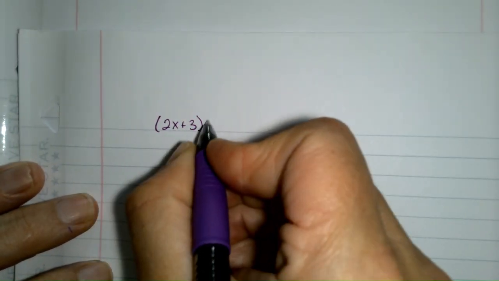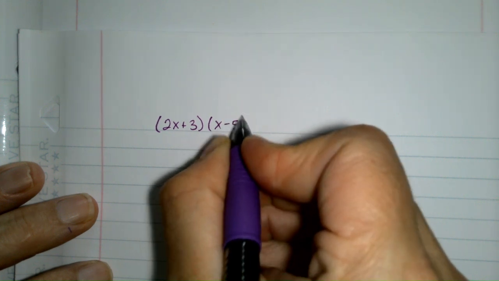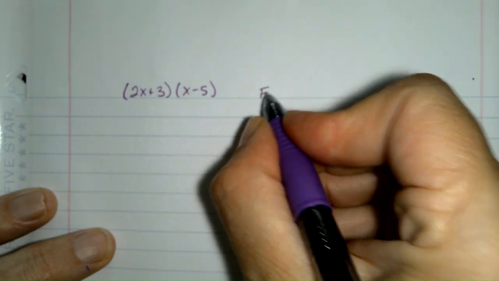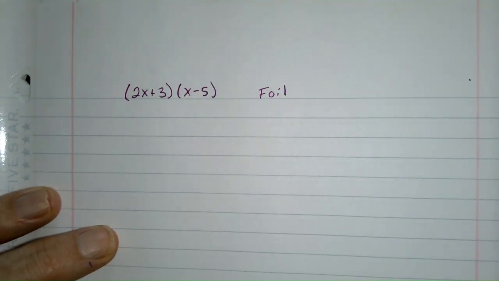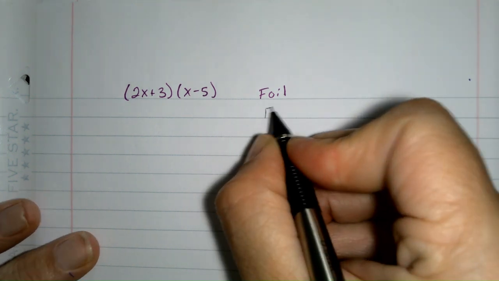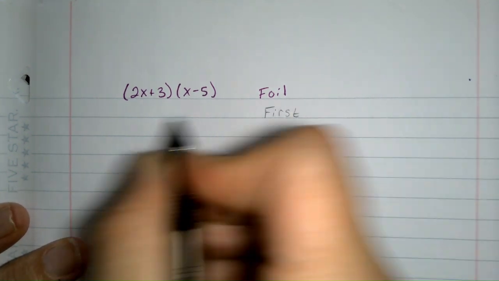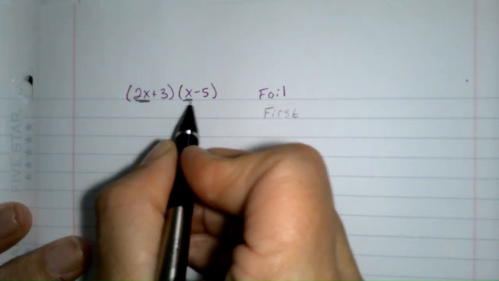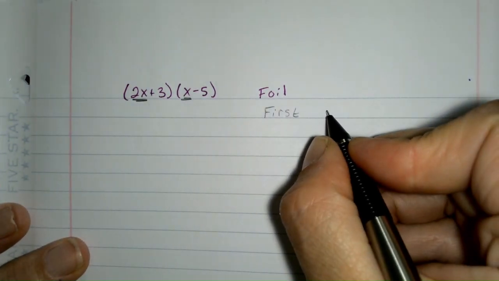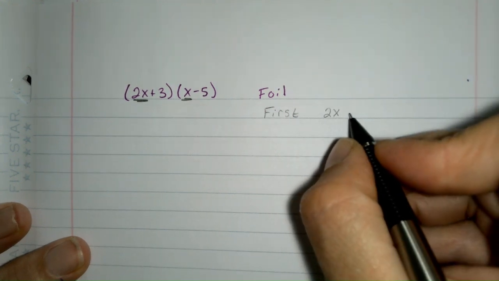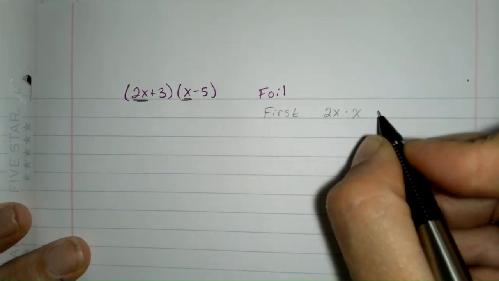Now most of us are familiar with how to do 2x plus 3 multiplied by x minus 5, because you've probably been taught the acronym FOIL. Okay? If you haven't heard of FOIL, F stands for first. So you take the first part and you multiply it together. So 2x times x. 2x is the first part of the first one, x is the first part of the second one.